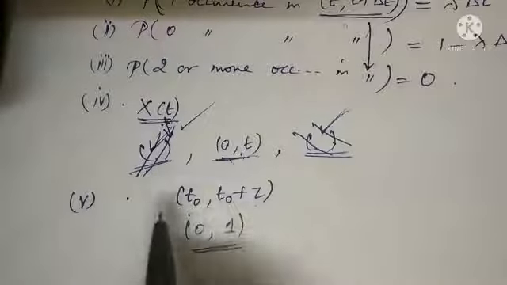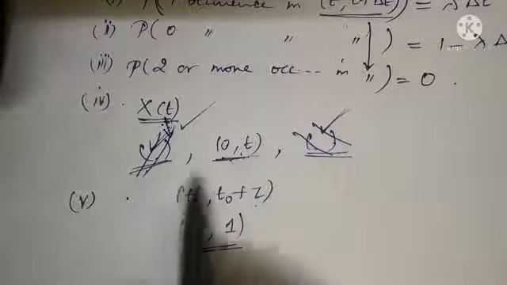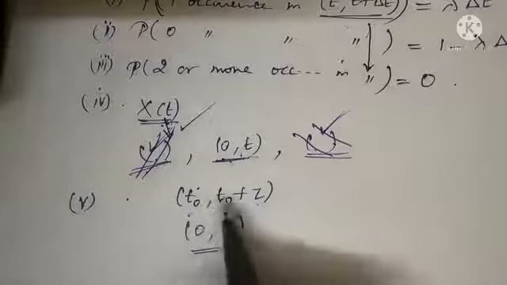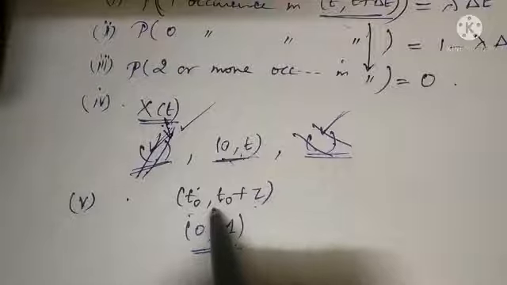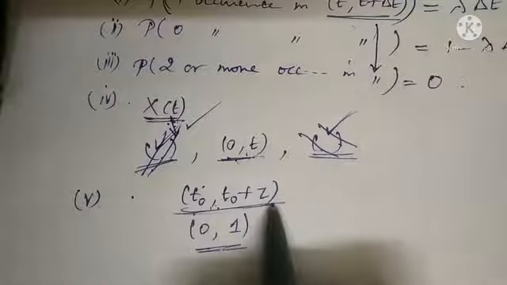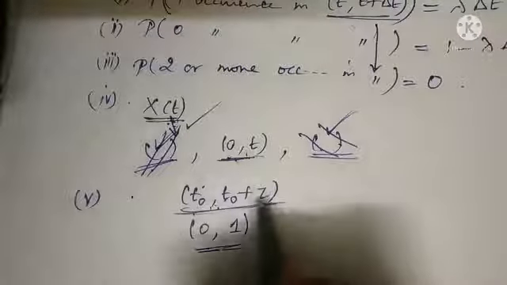Let us consider t0, t0 plus tau. The probability of a certain event which occurs a specified number of times in the interval t0, t0 plus tau depends only on tau, not on t0. That is the meaning.